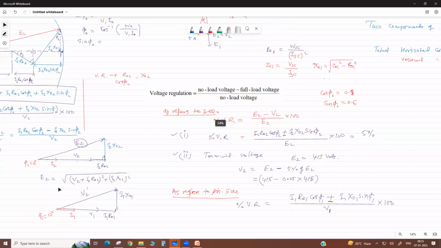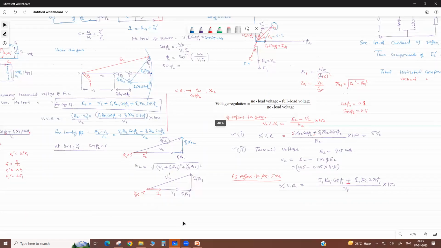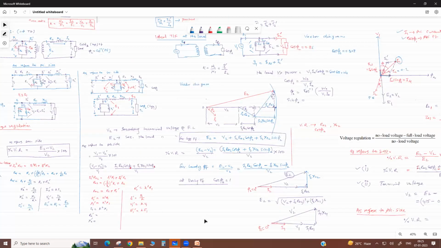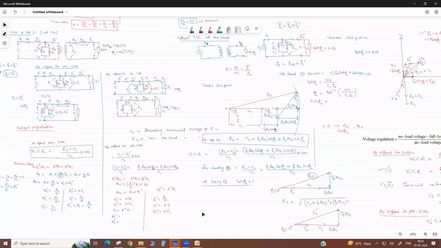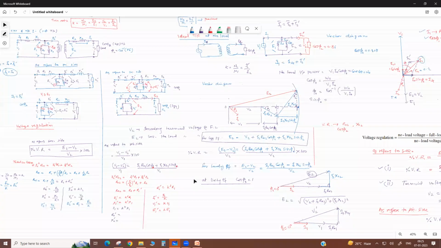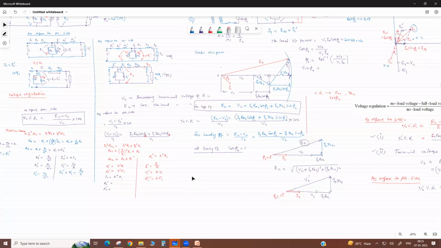I think now you are clear on everything, because definitely the question is asked in transformer. So today evening we complete this transformer, then we start alternator, the synchronous machine.